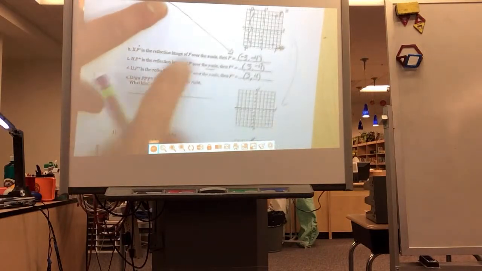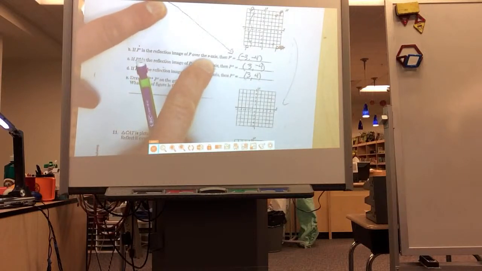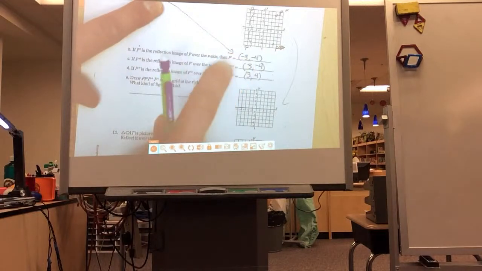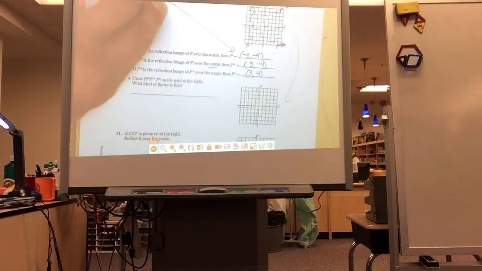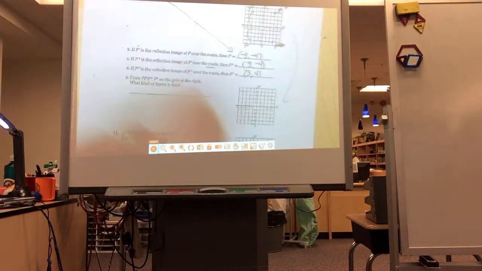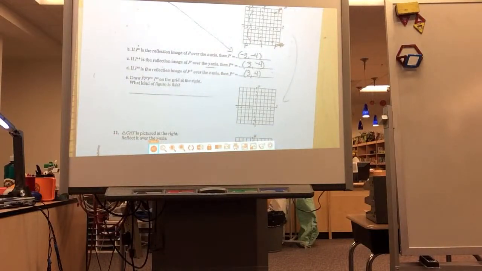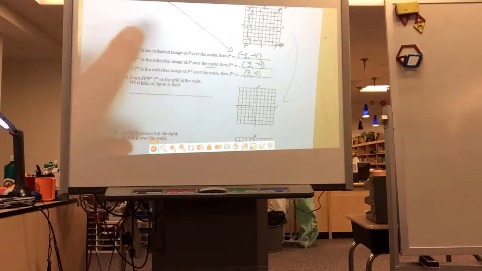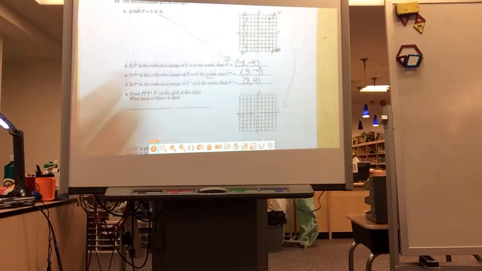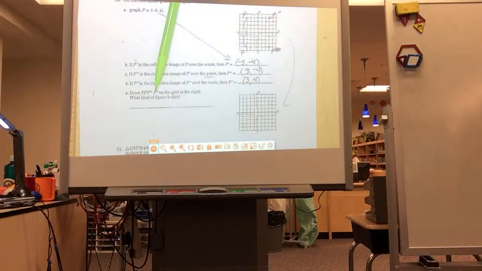So if you reflect it over the x-axis, how does the ordered pair change? Yeah, just symmetric. So we started at -3, 4.